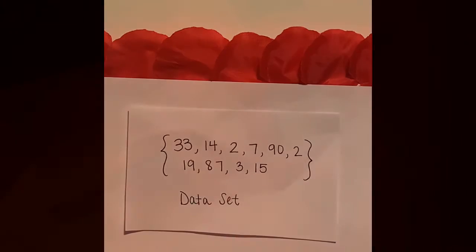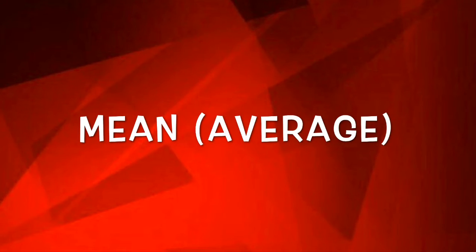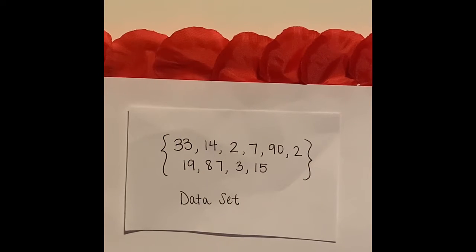Now, when you are looking for the mean, the first thing you're going to do is find the sum of all the numbers in the data set. And if you do not know how to find the sum, you are going to add all of the numbers in the data set. After you add them, you are then going to divide by the amount of numbers that are in the data set.